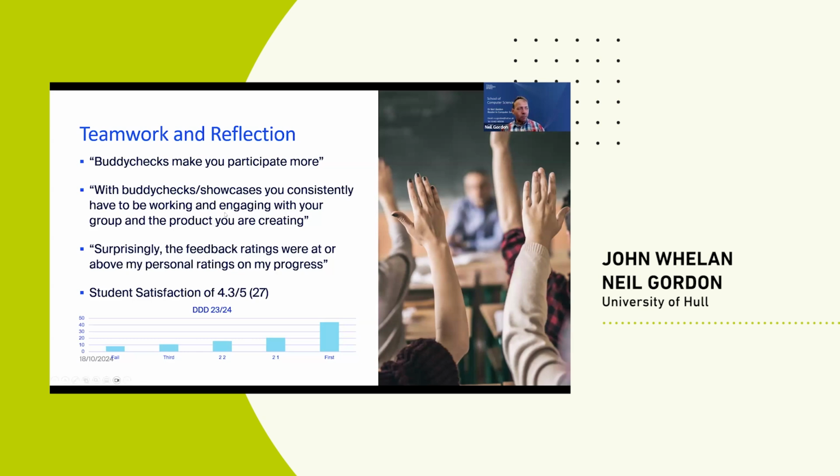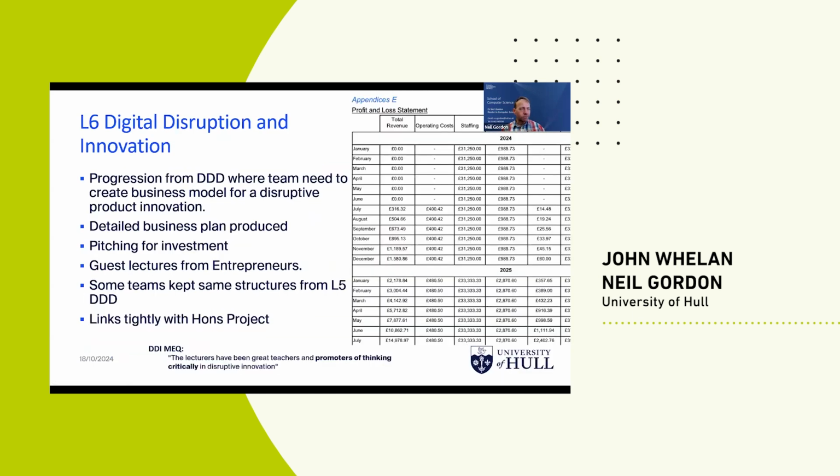It got them to consistently be working and engaging with the group. So again, it avoids that situation where people are freeloading or dropping out. And interestingly, some of them found that the feedback ratings were matching their own, or even better than they thought they were doing themselves. So it gives them that self-reflection as well. And student satisfaction on this was 4.3 out of 5, with 5 being absolutely satisfied. So generally speaking, they're very happy with this sort of approach.